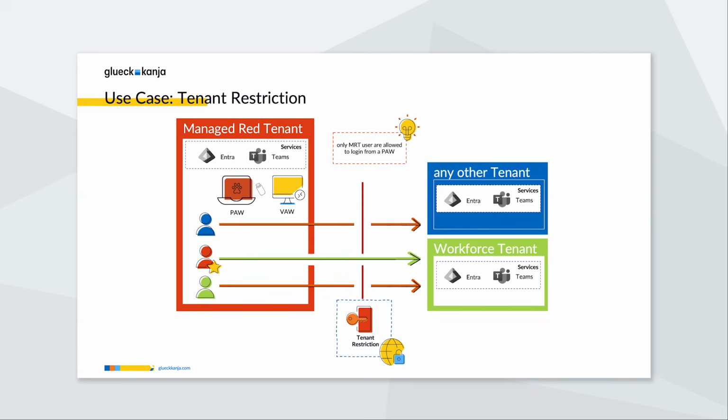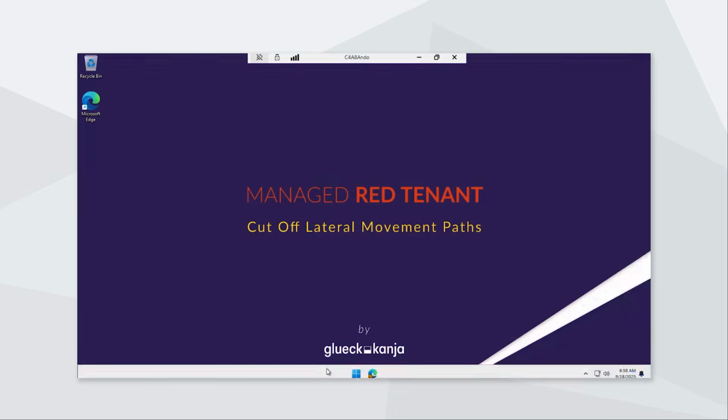This means the workforce tenant user will be blocked, any other user will be blocked, and on top, with another feature, the cross-tenant access policy, we can ensure that the user is only able to access specific tenants, so that we have an allow listing: this tenant can be managed and accessed, and so on and so on.